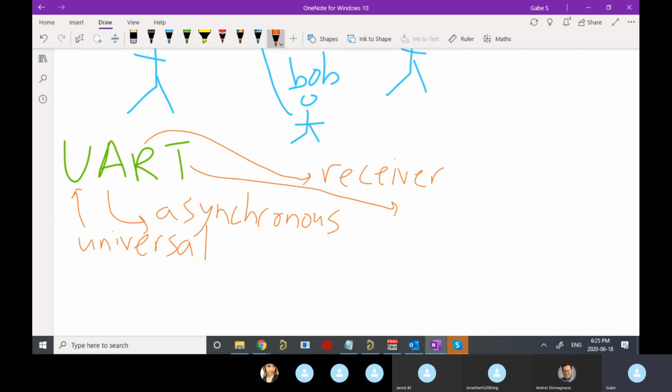And T is transmitter. You're not going to be able to communicate with anything if you have not agreed on a language beforehand. And that language is going to be pretty obvious because it's going to be determined by things like number of pins and wires used, what voltage levels you need, things like that. So universal asynchronous receiver, oh man, I wrote transfer. That's wrong. Transmitter.